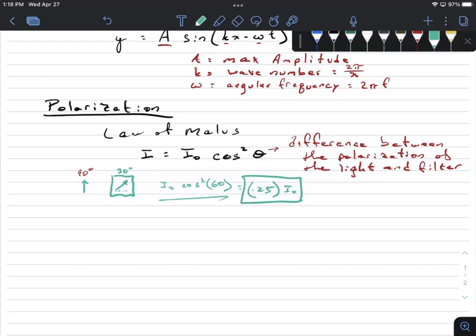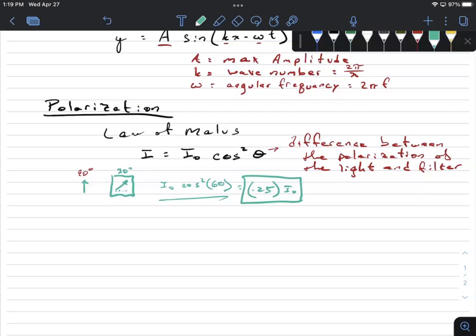Now the light is at 30 degrees because it made it through the filter. And so it has to be at that angle. So whatever the second filter is, let's say it's horizontal, then I would say, okay, now my light is at 30. I'm trying to go through a horizontal filter, which is 0 degrees. So 30 minus 0 would be 30. So then I'd have a cosine squared 30 after this. And for multiple filters after that, you multiply more and more cosine squared thetas. Multiply them all out and you get your final answer.